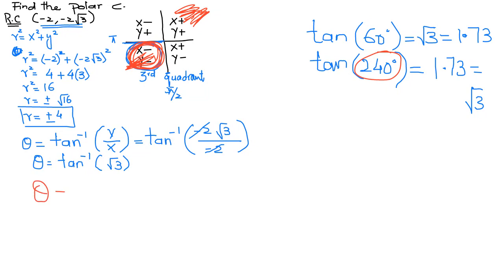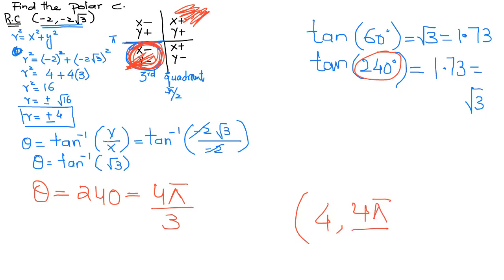So it means theta is equal to 240 degrees, which you can write as 4 pi over 3. So what will be the polar coordinate? 4 is the radius and the angle is 4 pi by 3. So this is r and theta.